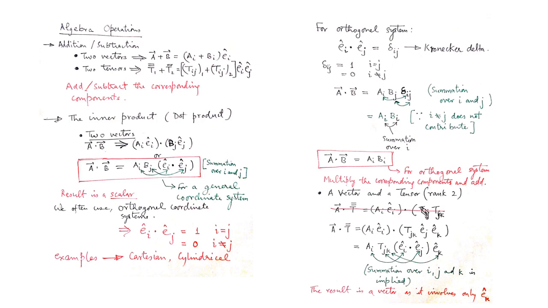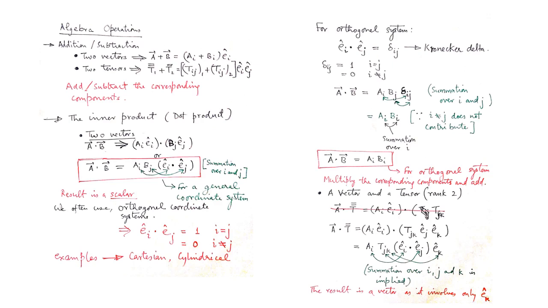This is necessary because the two vectors are each summed separately. For example, A has to be written as Ai Ei cap, implying sum over I, I being a repeating index in that expression, and similarly B also needs a summation.